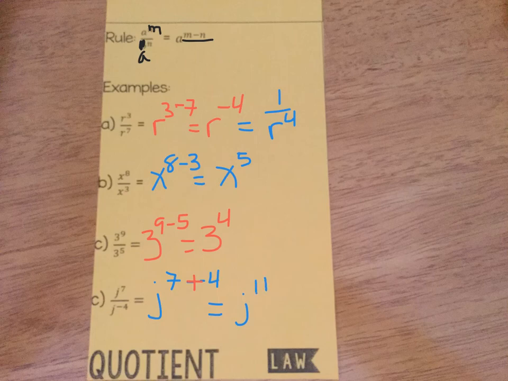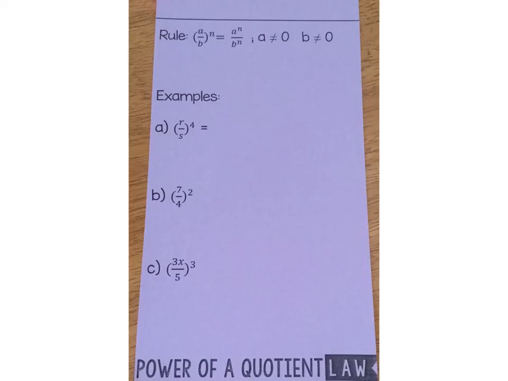Okay, last one, guys. All right, power of a quotient is kind of like that gray paper, the power of a product, where parentheses mean to distribute. The only difference is our 2 different bases are not side by side, they're one on top of the other. So you still take that variable and you share it with both.